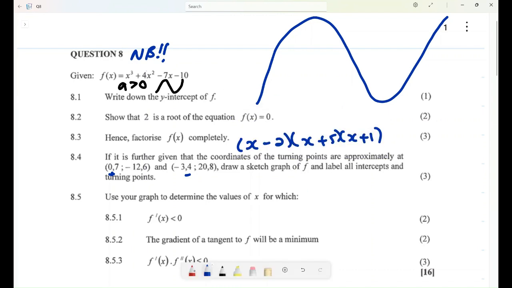Now, I'm having my first turning point here. This is my local maxima. How do I see this is the maximum turning point? Because the y value is great. Remember, the maximum is the y. This one will be my minimum because it is low. So I'll just put here max and min.